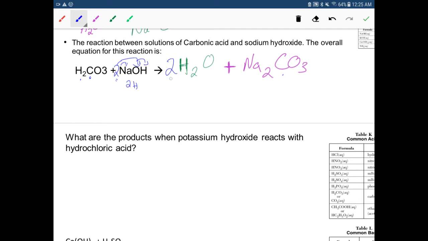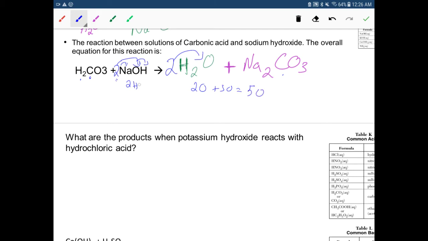Now once I do this, this coefficient is not gonna just change the number of hydrogens, it will also be distributed to the oxygen. So in total, we're gonna have 2 oxygens here too. So we have 2 oxygens here, and this compound here has 3 oxygens, so 2 oxygens plus 3 oxygens, that's a total of 5 oxygens.